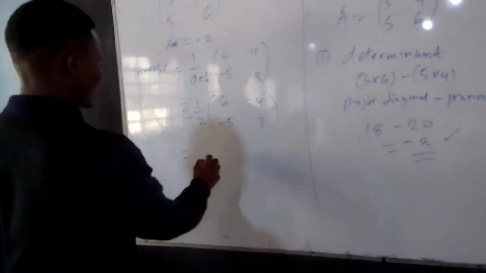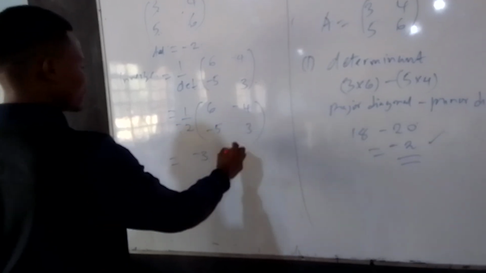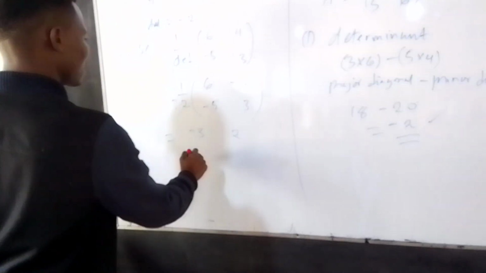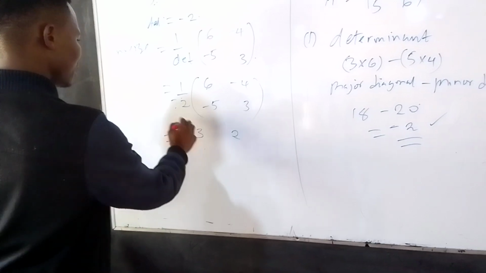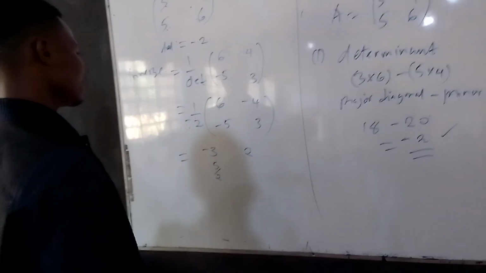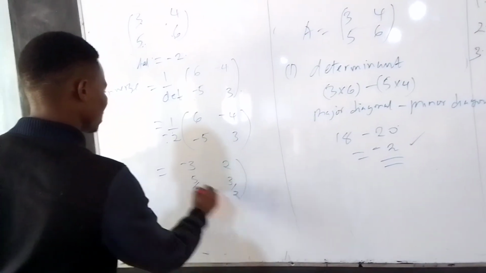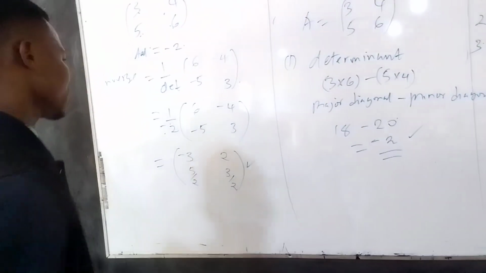We will have negative 3 over 2. Then here we will have 5 all over 2. Then here we will have 3 all over 2. This is our inverse in this case.